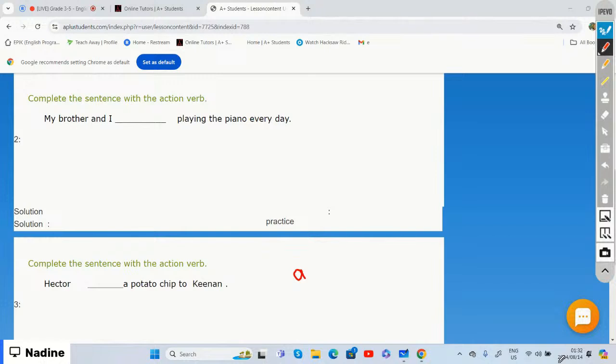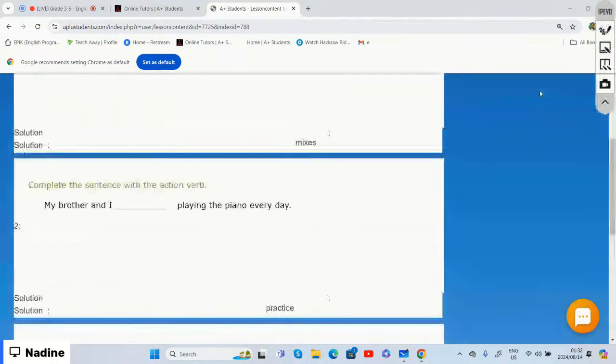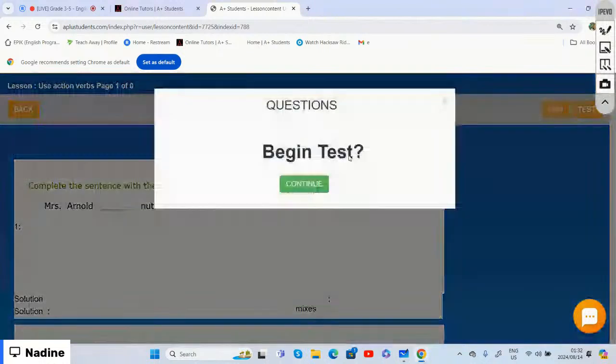When we exercise, when we are jumping, these are all action verbs that we are doing, right? All right, so now let's go to our test.